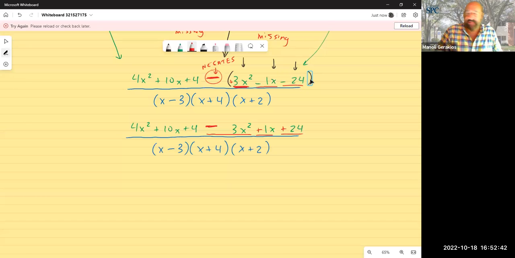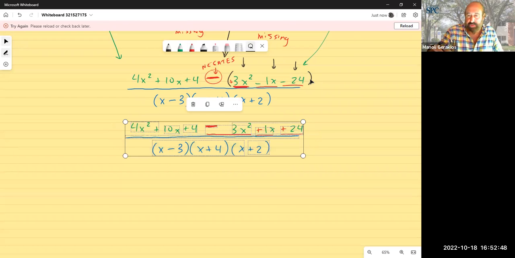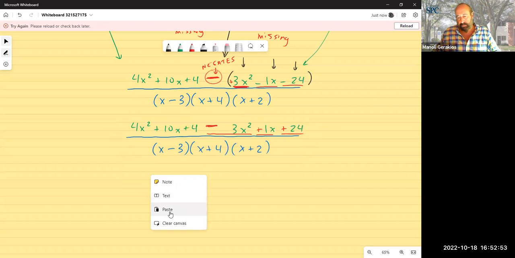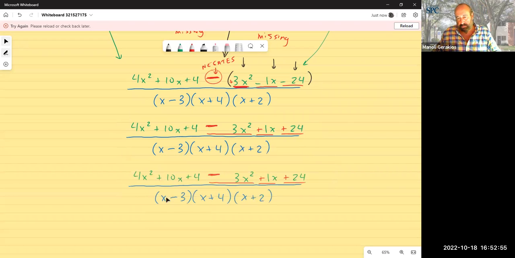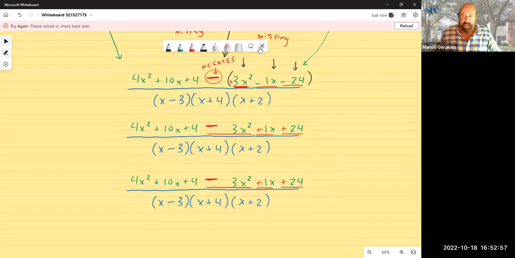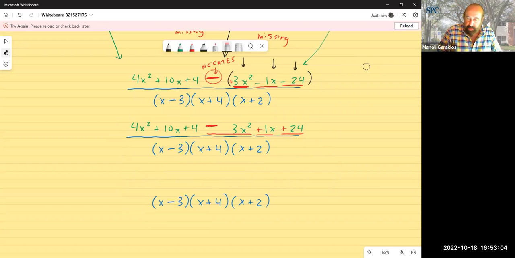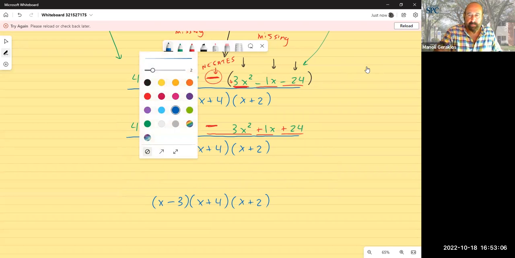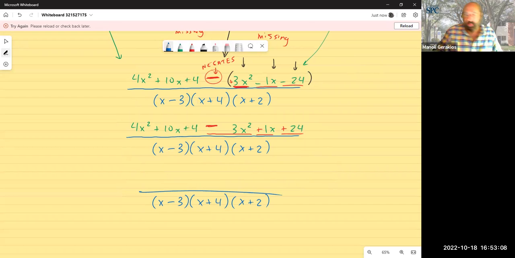Okay, let's just copy again to pick up a little bit of speed since we're in the digital domain here. And I'm just going to erase the numerator and we'll bring in the results, okay? Okay, what do I say when we go 4x squared minus 3x squared?